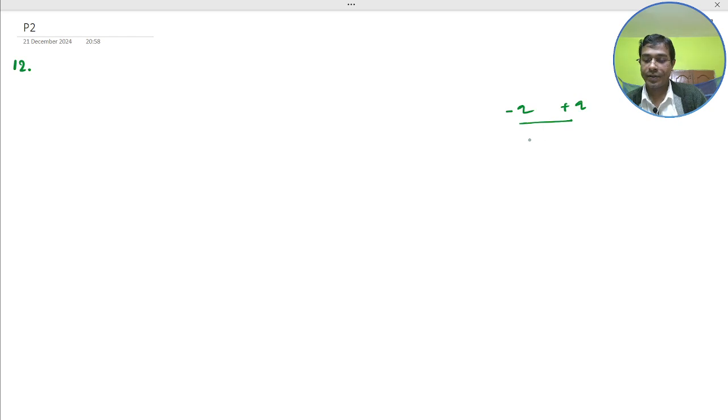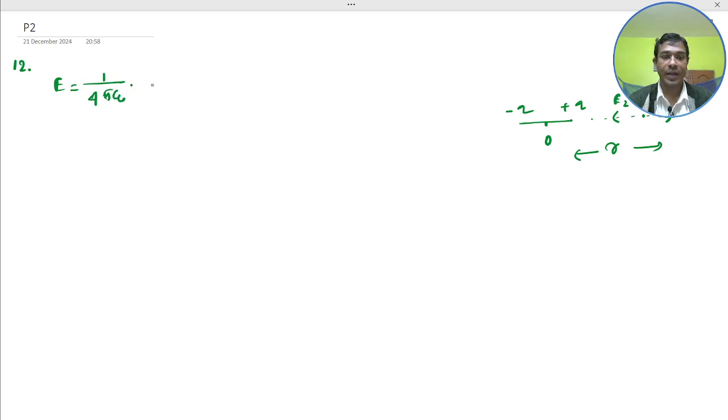For the field acting here, E1 is in this direction and E2 in this direction, and the distance from the origin, where we have to find the electric field of the dipole, is r. So basically here E is equal to 1 by 4 pi epsilon naught times 2p by r cube, in Newton per Coulomb. This is basically the end-on position, a point on the axis.